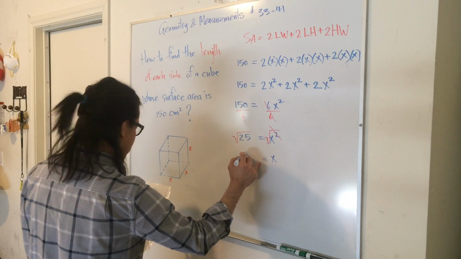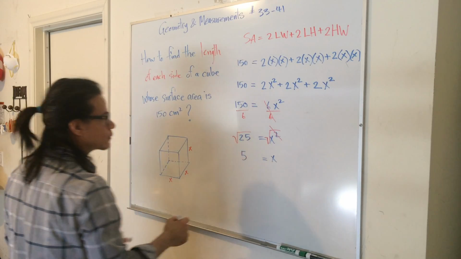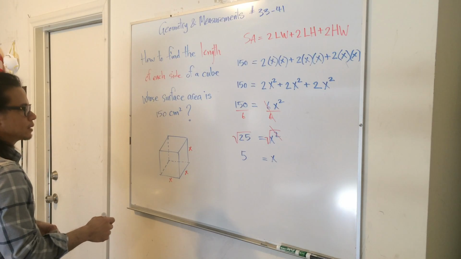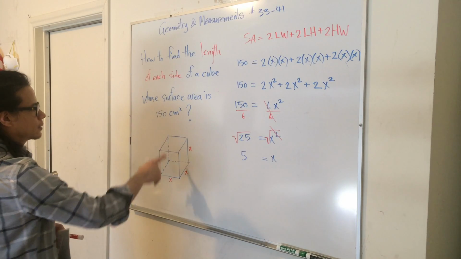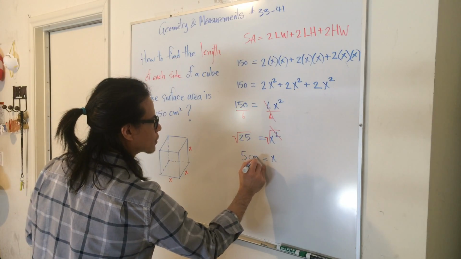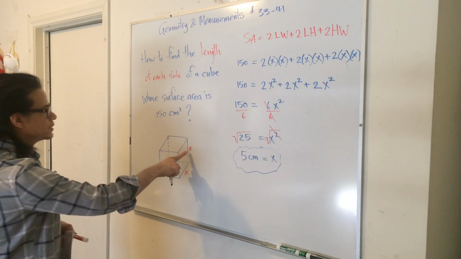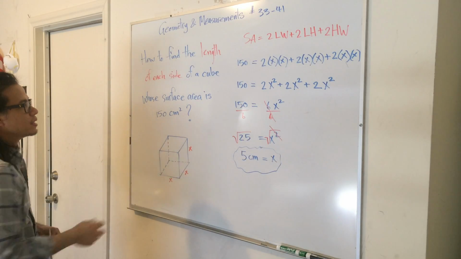So x here is equal to 5. Okay, and then the unit is going to be in centimeters. There you go, final answer. Each of these sides is 5 centimeters long.